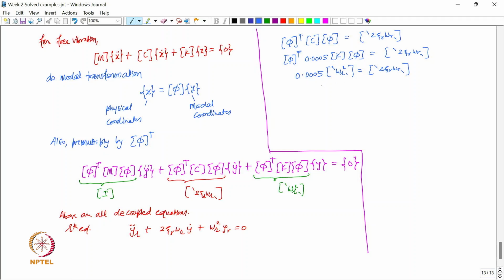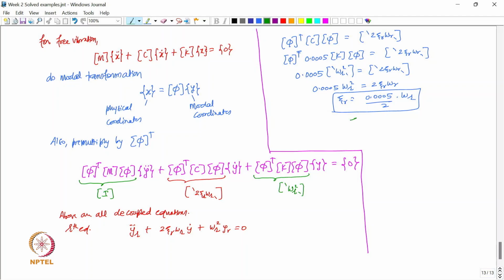So, from here we get a very simple relationship that for the rth mode, we can write 2 zeta r omega r, and therefore zeta r can be written as 0.0005 upon 2 into omega r, correct. So, this is the relationship we got. Therefore, if you substitute now omega r here, we can easily find the modal viscous damping factors.